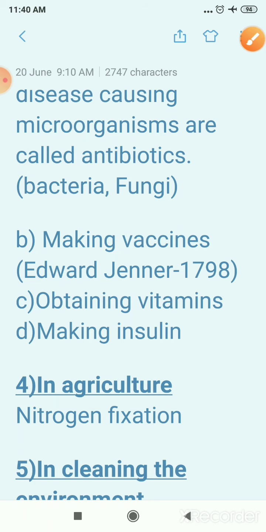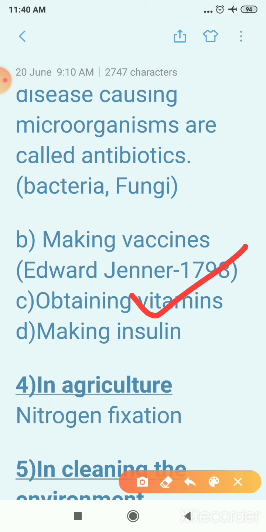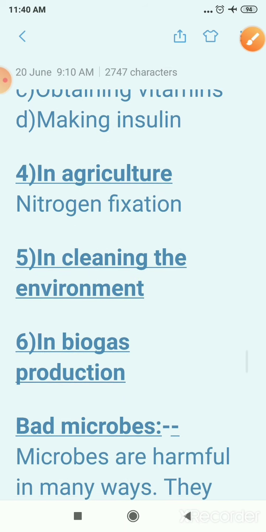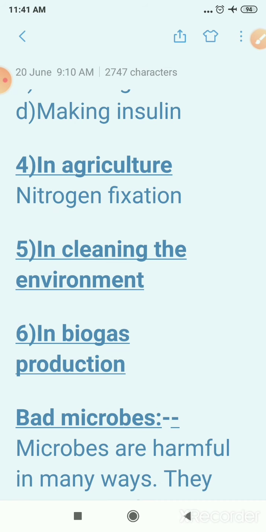Microorganisms are used in obtaining vitamins, especially vitamin B complex, and making insulin. In agriculture, microbes are used for nitrogen fixation. There are different microbes that are used for nitrogen fixation.